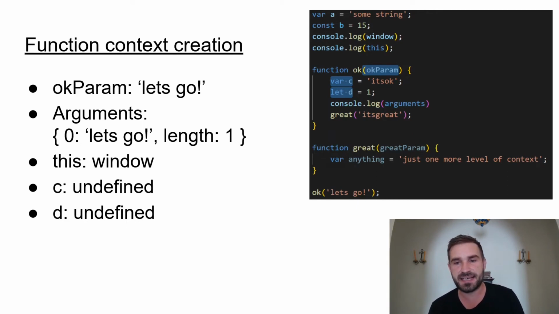And I should say at this point as well, because we're talking about the call stack, or the execution stack, this function context has been put on top of the global context. So we have the global context down here, and the execution context has gone on top in the same way that the function itself is put on. So they're obviously very much linked.